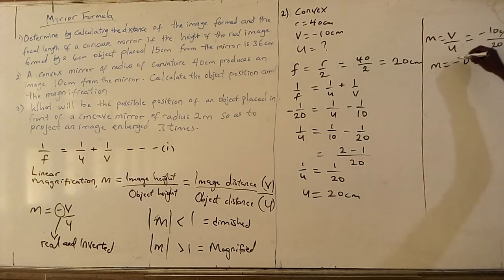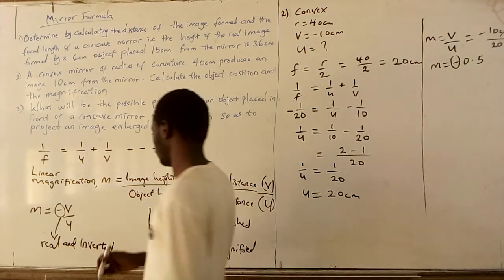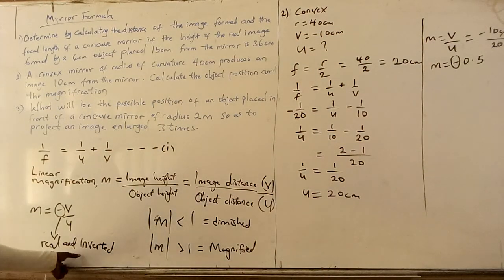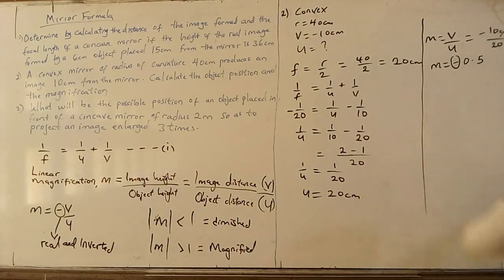Now, I already told you the properties of the negative, which is real and inverted. But we are not to use this, because our magnification actually is the negative of this, minus of minus, so we have a positive here.